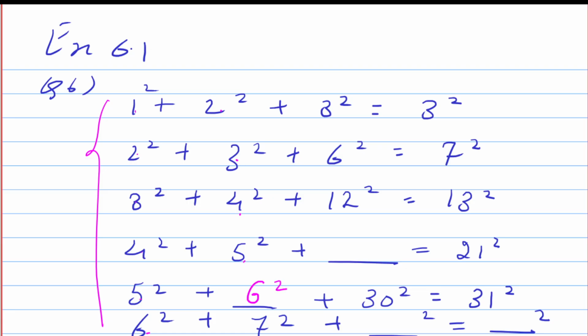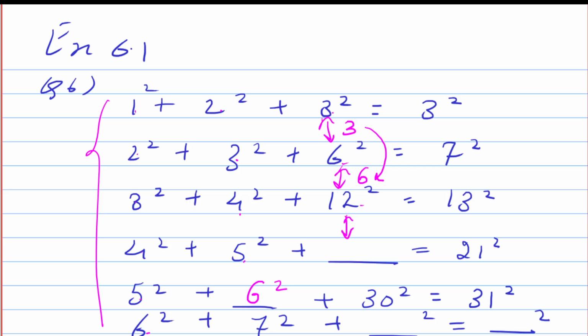6 square. 3 square, 6 square, 12 square. What is the difference between 3 and 6? It is 3. 6 and 12 is 6. Okay, next I have to find the difference, so I can see that this is a table of 3. You have to add 9 over here.